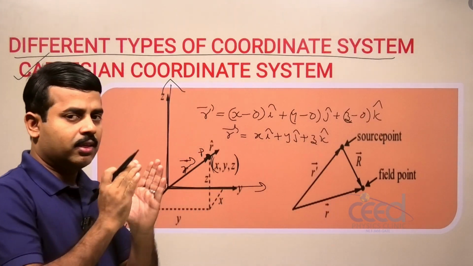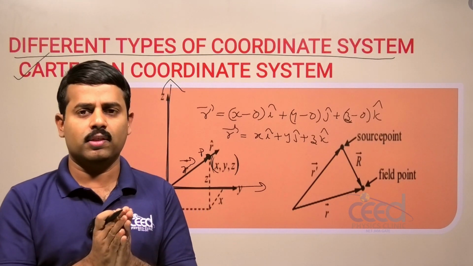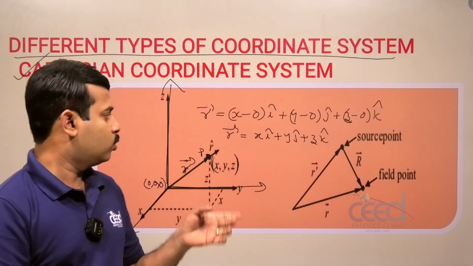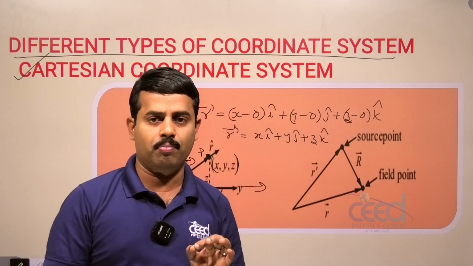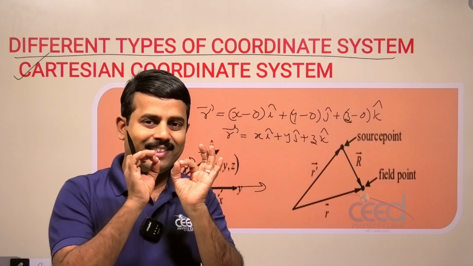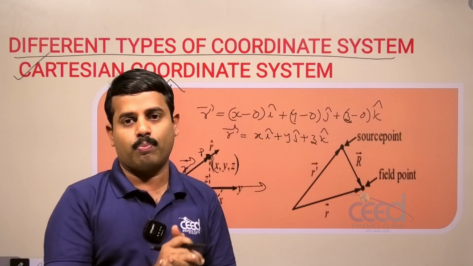This position vector representation of a point P in three-dimensional space is very important. What are x, y, z? That is the x, y, z coordinate value at that particular point.